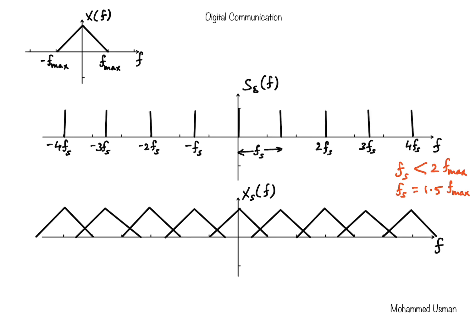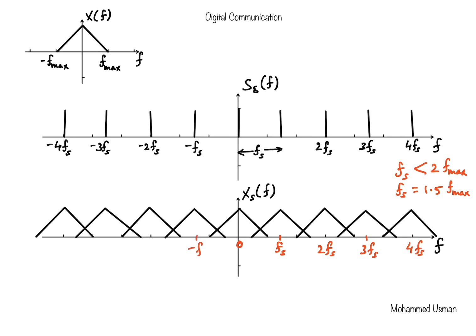So in this scenario, what we see is that the spectral replicas, again because of sampling, are going to have periodicity at integer multiples of the sampling frequency. So we are going to see the first replica at 0, the second one at fs, which is equal to 1.5 f max, then at 2fs, 3fs, 4fs, and so on.